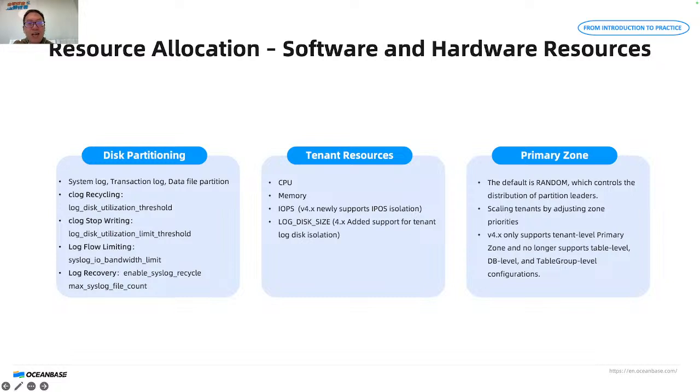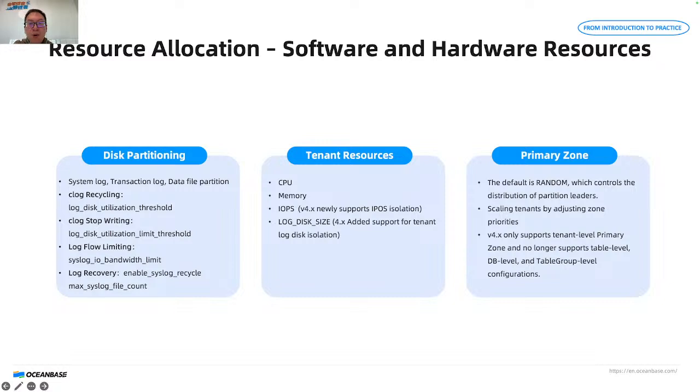Considerations for tenants' resources include CPU and memory, log disk space, and IOPS. With the introduction of version 4, OceanBase now features log disk space isolation and IOPS isolation between tenants, which enhances overall system stability by preventing one tenant's high write load from impacting others.